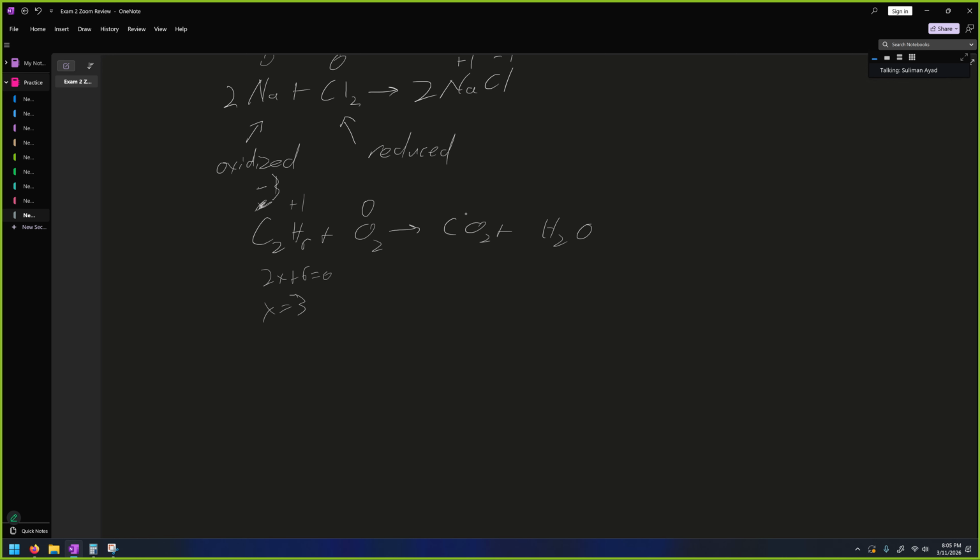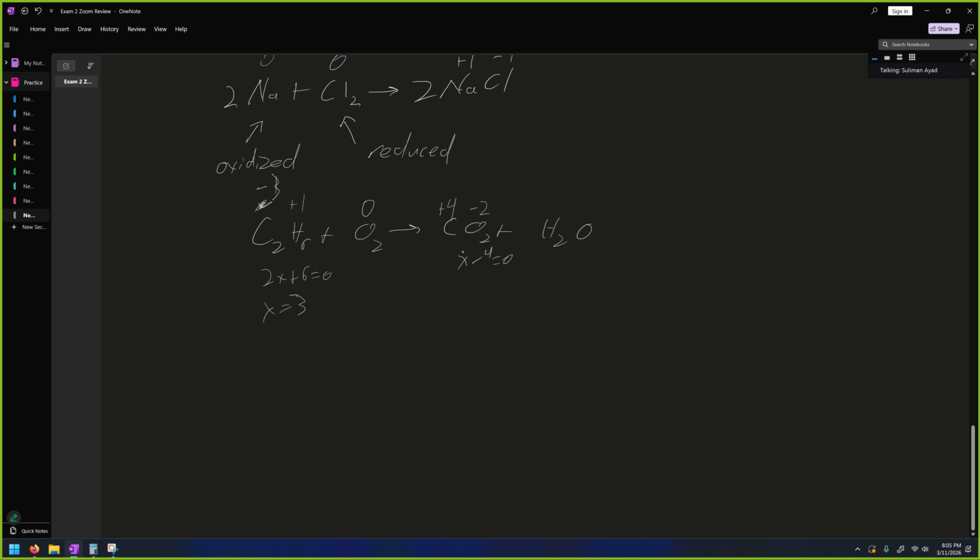When oxygen is attached to anything other than itself, it's going to get a -2. And so then the carbon here is going to be based off of oxygen's oxidation number. Because it was -2 times 2 here, that gives me a -4 for the oxygen. If I set that equal to 0, that means that X must be a +4.